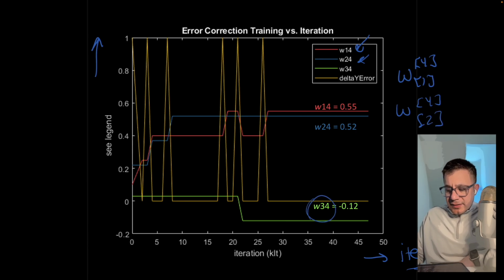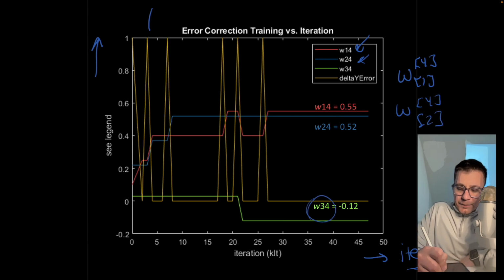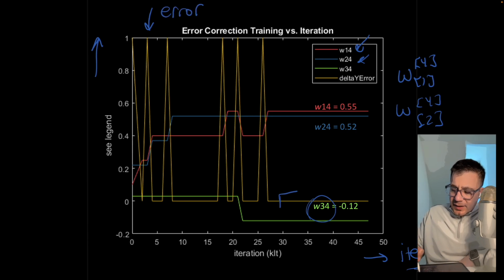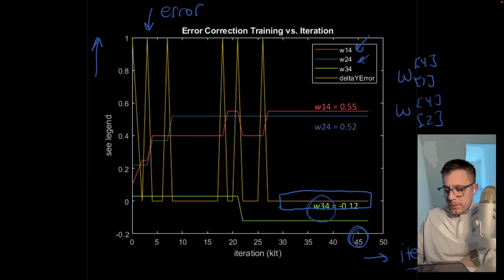The green line is the synapse weight between 3 and 4. And the yellow, that's an interesting one because that shows the error. So you can see here, it makes sense that we've reached convergence around the 45th iteration or so because our error is flat at 0. We also see that we don't have any more change in our parameters. Those are also flat. So we have 2 indicators that we've reached convergence.